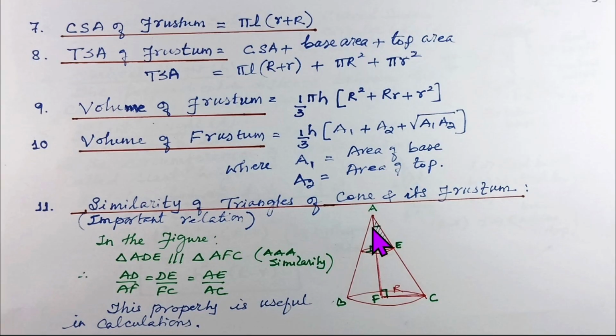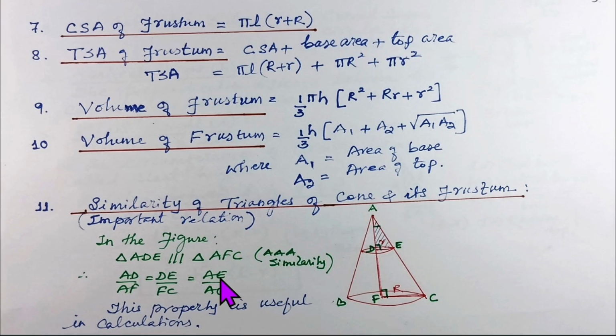Now the similarity of triangles of cone and its frustum. If you take the cone ABC here, then the cone is ABC and the frustum is here also. Now if you look at the triangles ADE and AFC, we find their corresponding angles are equal, because this is 90, this is 90, this is a common angle, and automatically the third angle also becomes equal. Therefore, because they are equiangular, the two triangles ADE and AFC are similar.